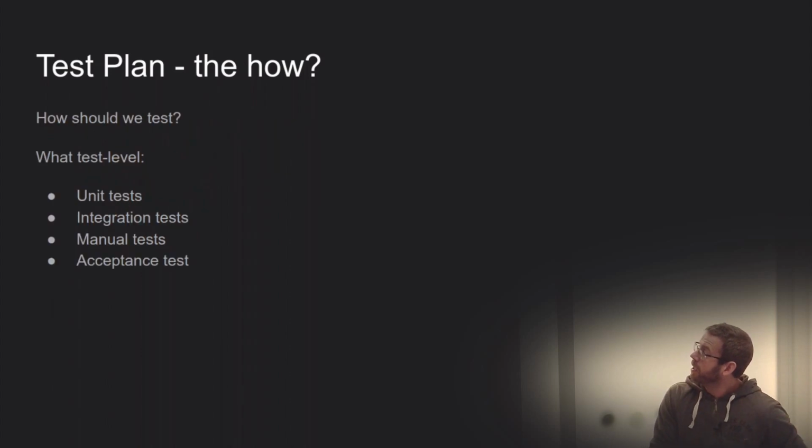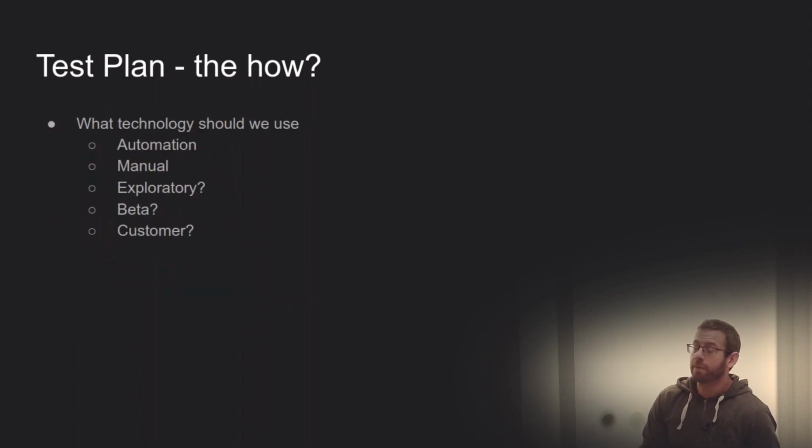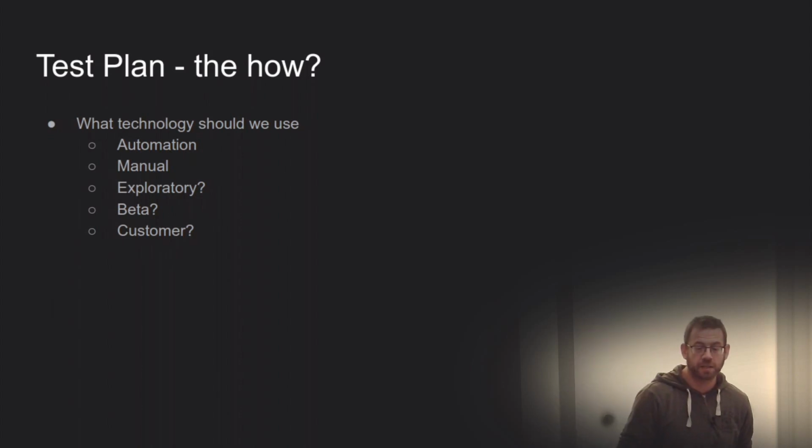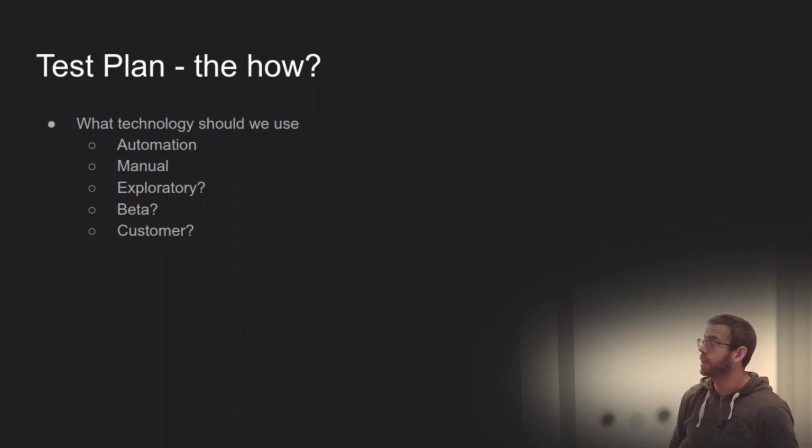And then when we know the test levels, we think of the technology. What kind of technologies should we use? What kind of framework should we use? What kind of tooling should we use? So for automation, okay, we're going to use JUnit and JMeter.